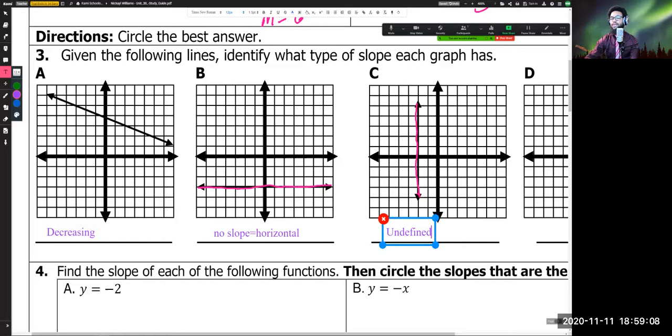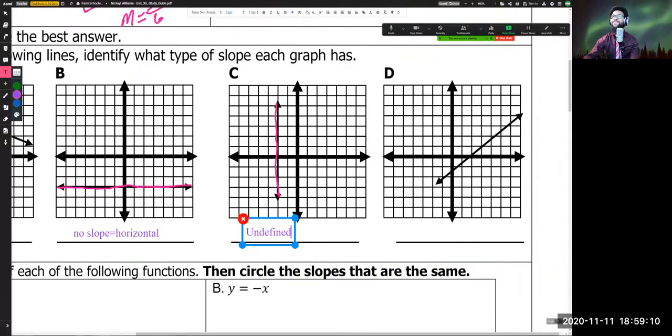And when we look at D, this one is going up to the right, okay? It's pointing up to the right, not straight up, but it is increasing, going to the right. So this slope is going to be positive.